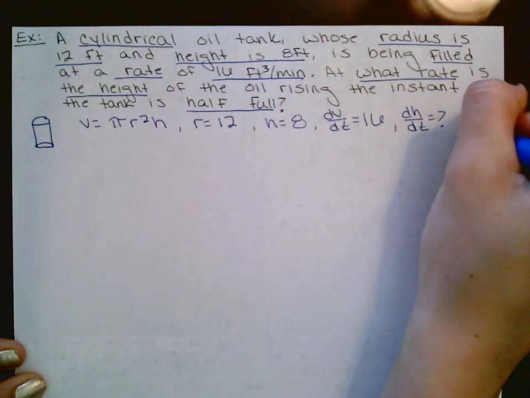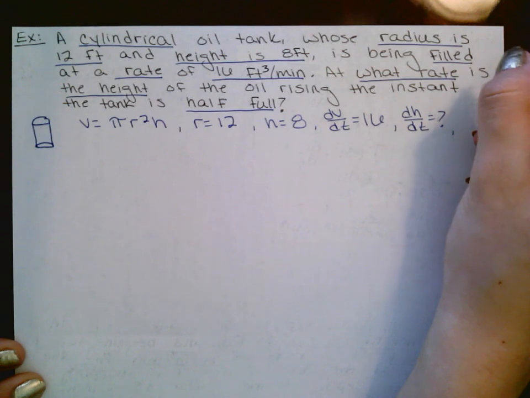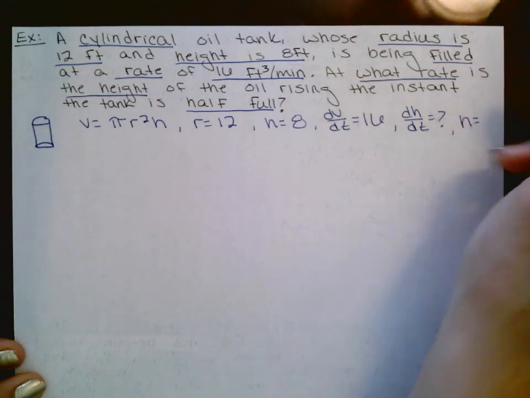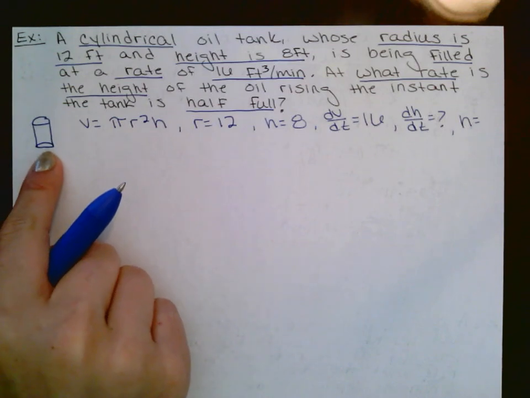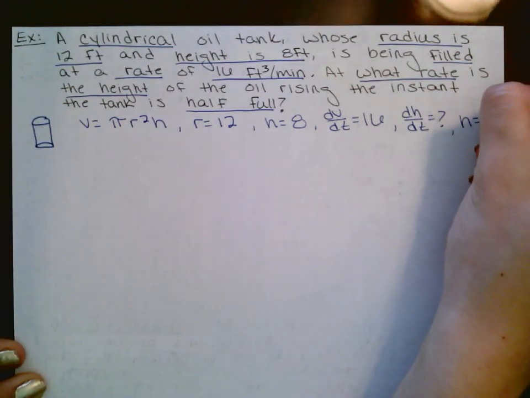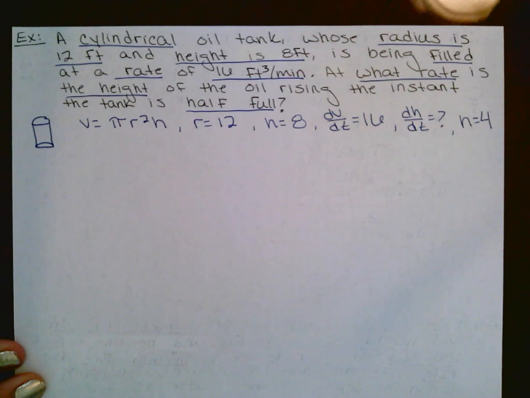So if it is half full, we're talking specifically about when the height, okay, half full, if the full height of this is 8, then we're talking about when it is 4, okay? So now something very important to remember about cylinders, and you can write this as a side note. It would happen every single time you're working with a cylinder.